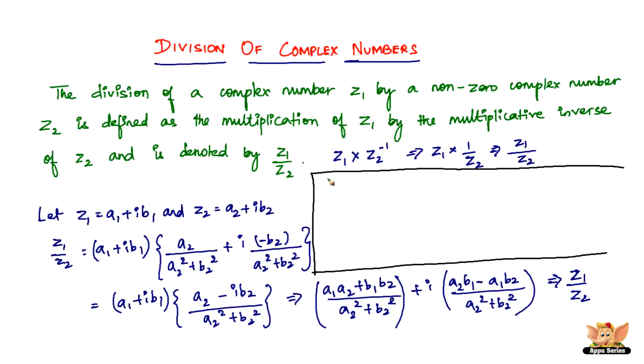If Z1 equals 2 plus 3i and Z2 equals 1 plus 2i, then the division of Z1 by Z2 is given by the multiplication of Z1 and the multiplicative inverse of Z2, which is Z1 by Z2. All you have to do is substitute the respective values in this formula.